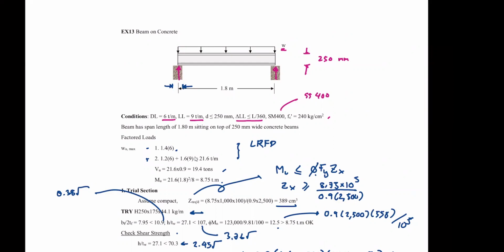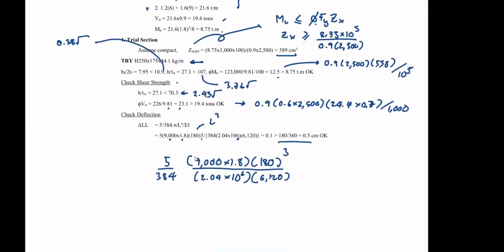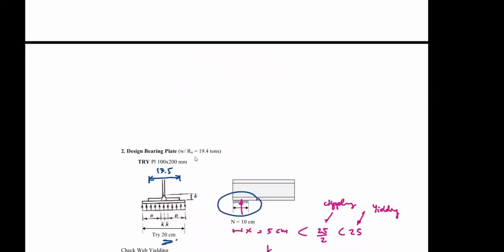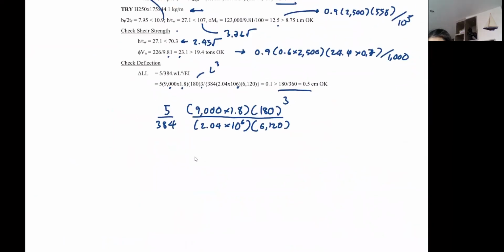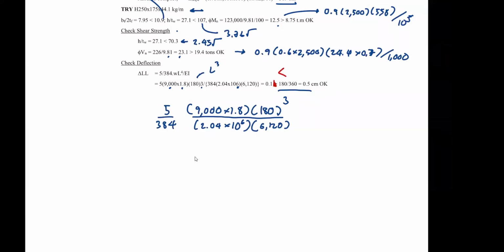Could you scroll back a little to the check of the deflection? After we calculate the deflection, we got 0.1 centimeter, right? Which should be lower than the limit, right? Yeah, I always have trouble with this. Of course, thank you. I had to think again.